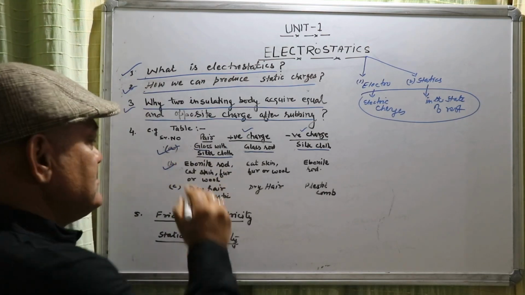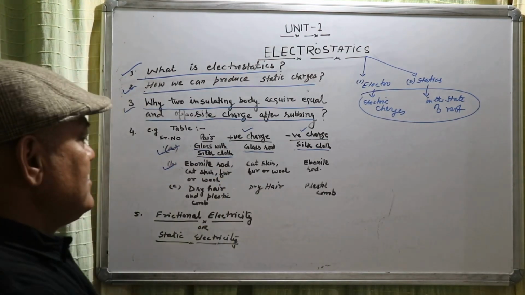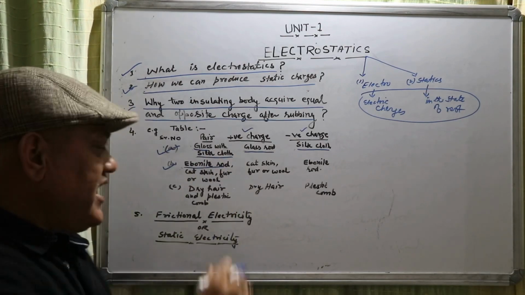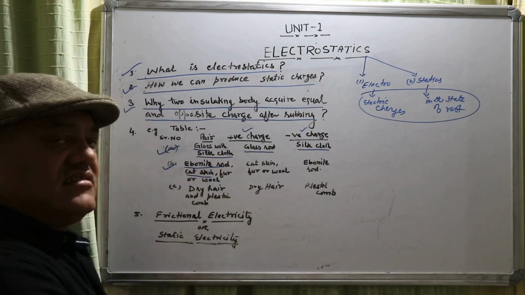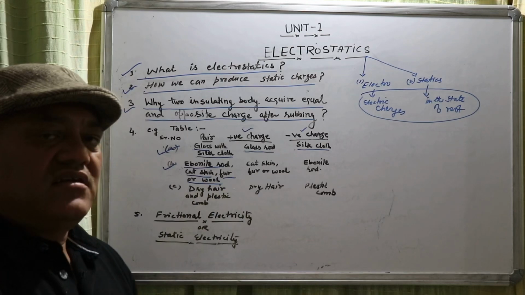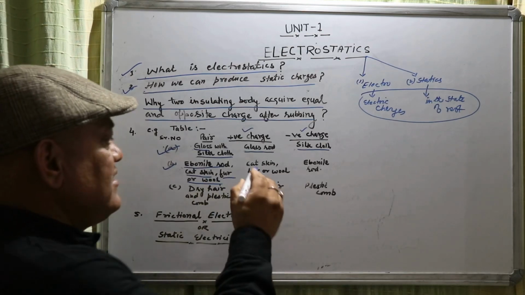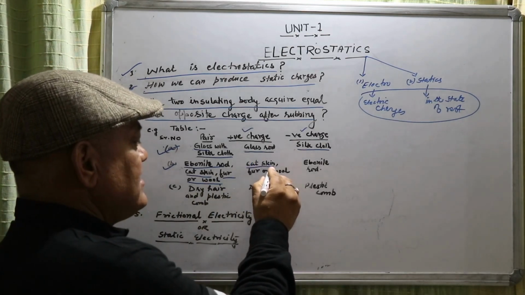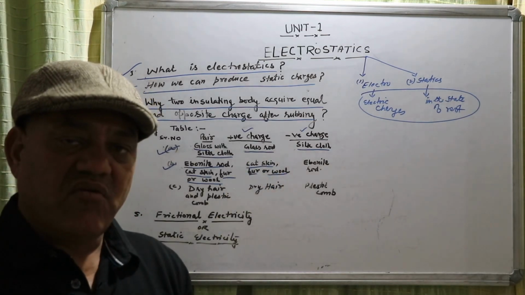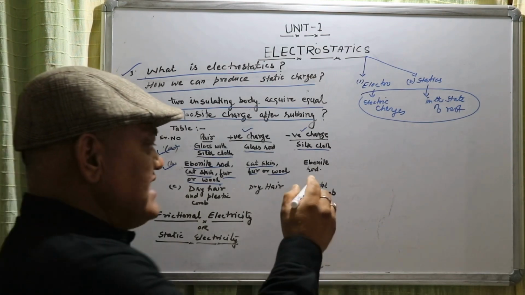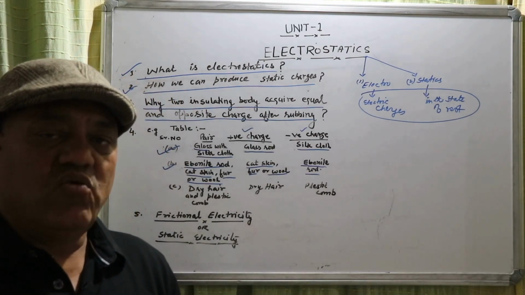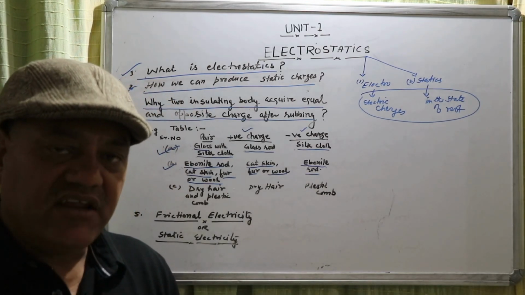Second example is when an ebonite rod is rubbed against cat skin or fur or wool, then after rubbing, the cat skin or fur or wool acquires the positive charge and the ebonite rod acquires the equal amount of negative charge.